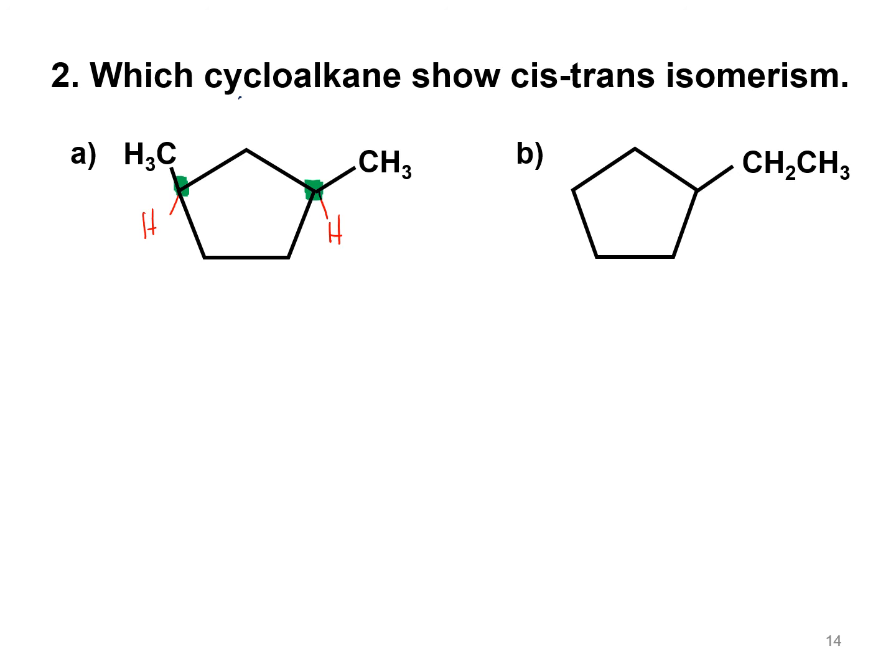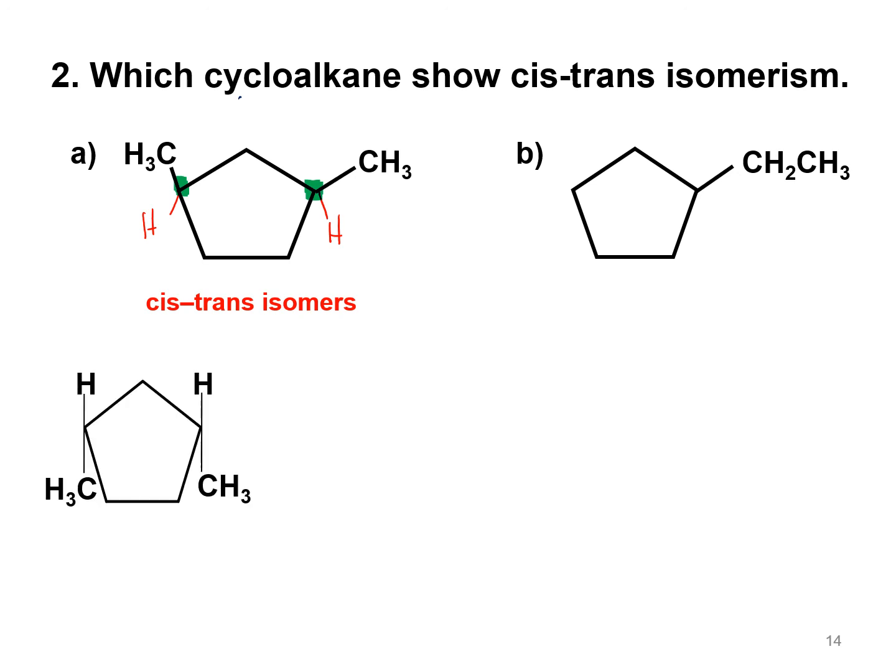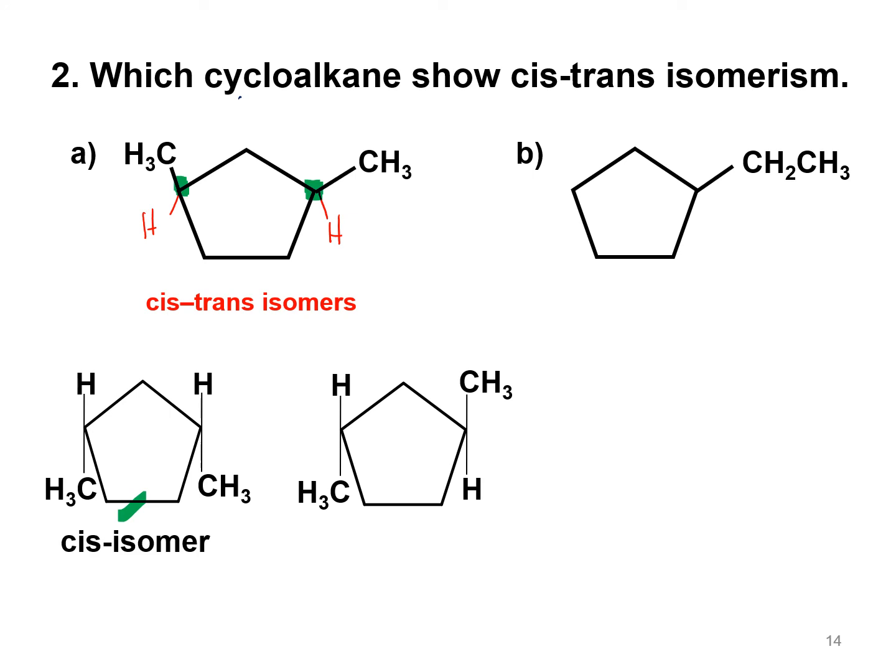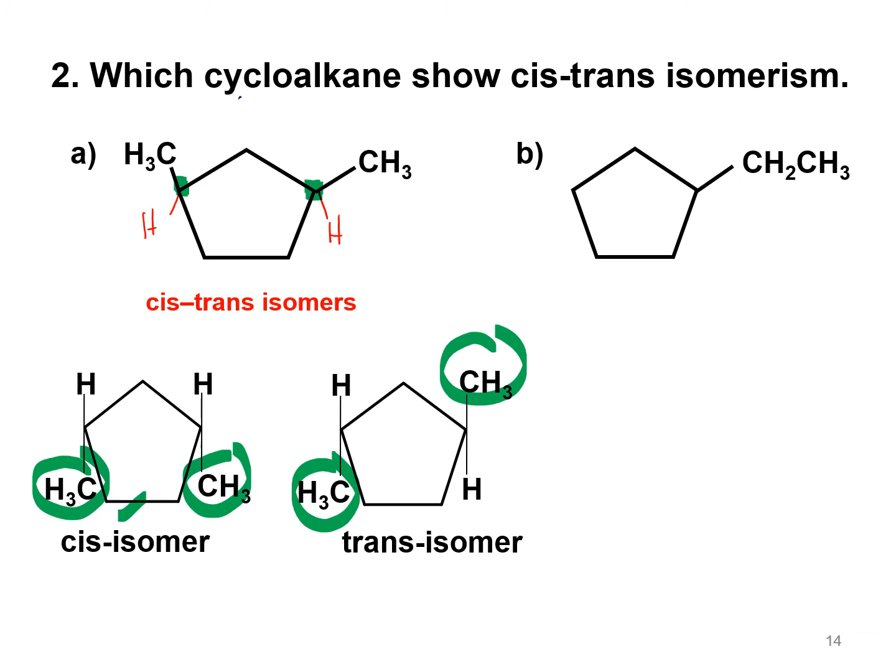So it can form cis-trans isomer. So the isomeric pair can be drawn like this. The first structure is cis, since it is on the same side. And the second structure, opposite side, is trans isomer.